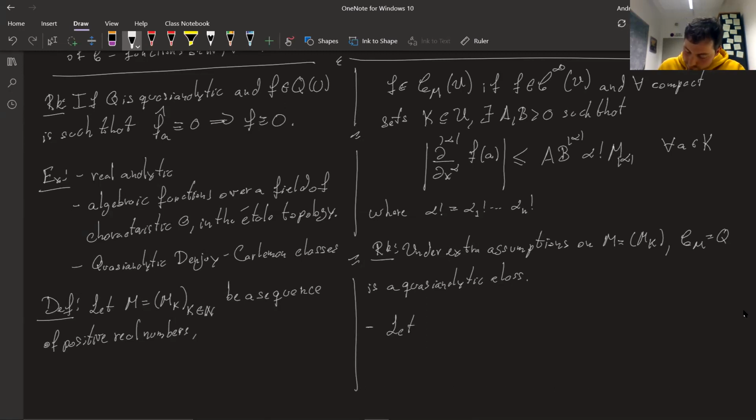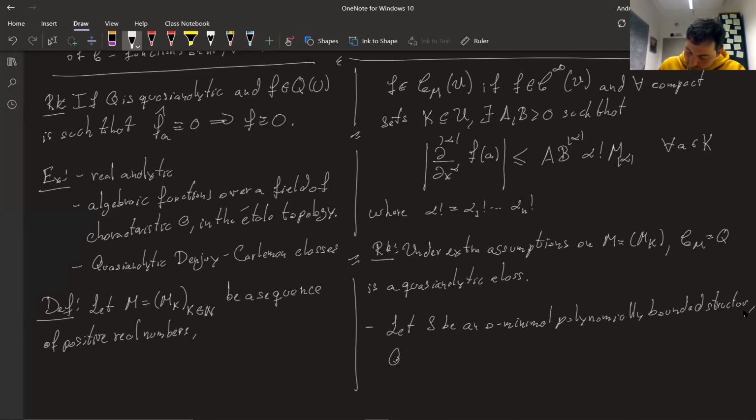So let S be an o-minimal polynomially bounded structure.